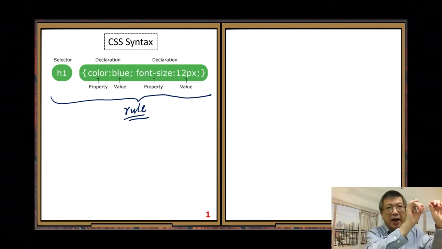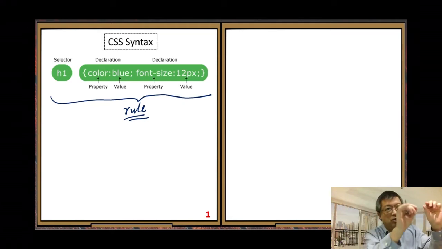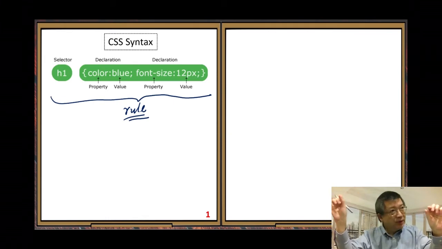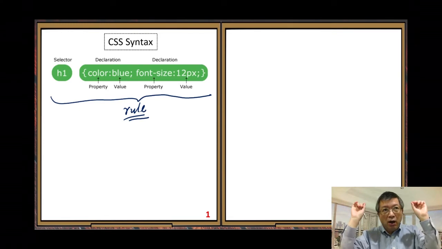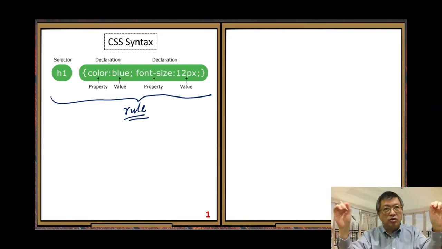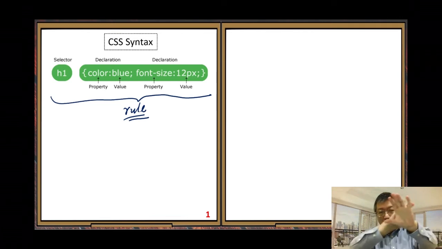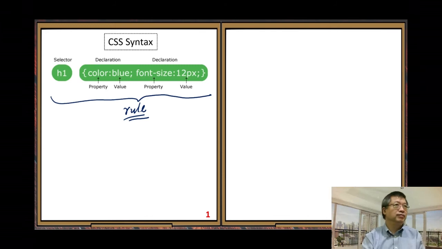Then inside it, we can provide rule 1, semicolon, rule 2, semicolon, right? In that place, we should use property 1, semicolon, property 2, semicolon. It's not a rule, because the whole thing inside the double quotes contains multiple properties. That whole thing we call one rule.